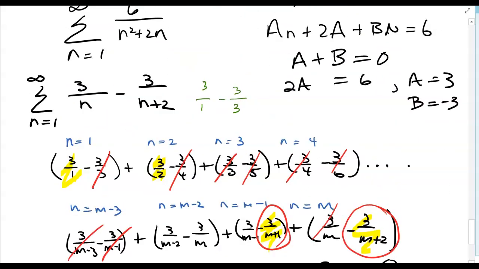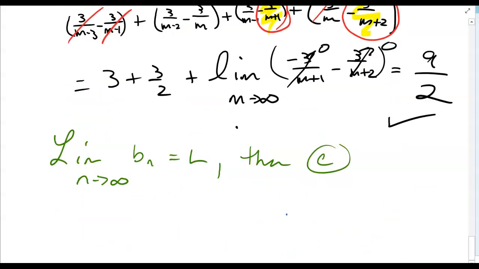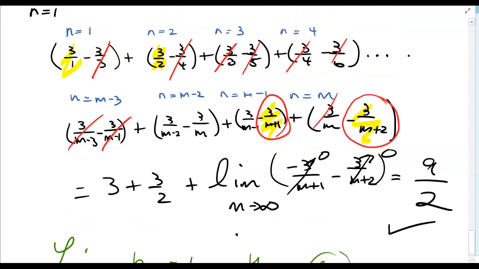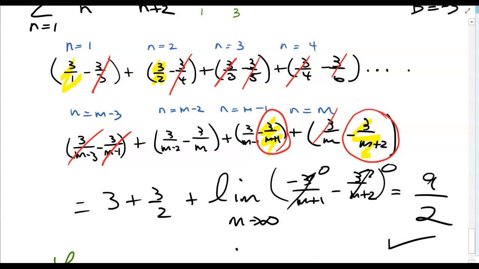So the limit exists because as you take n to infinity, your limit is going to go to 0. So this limit did exist.